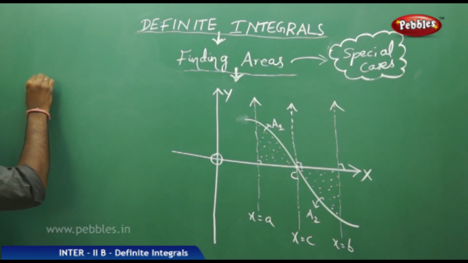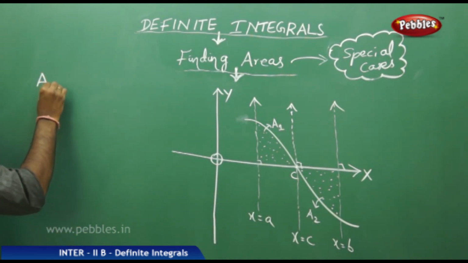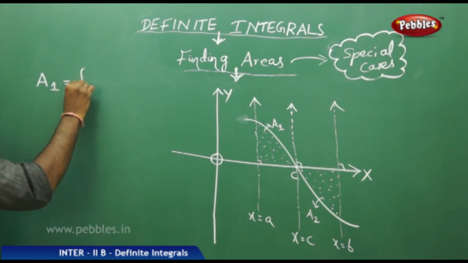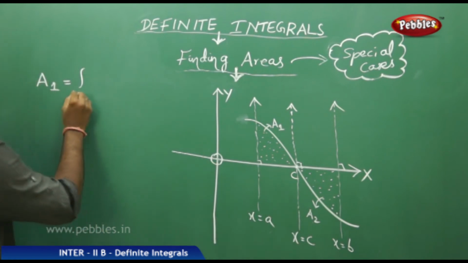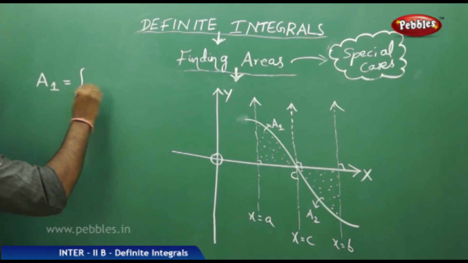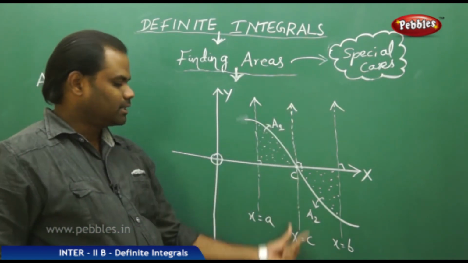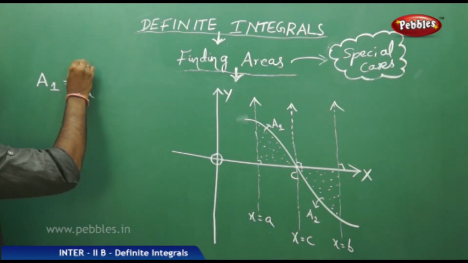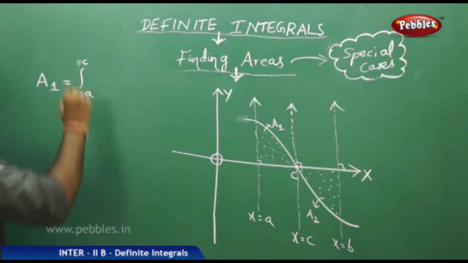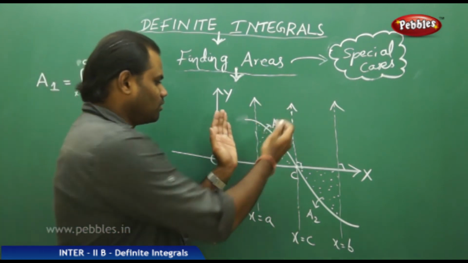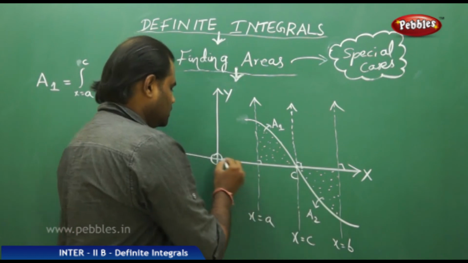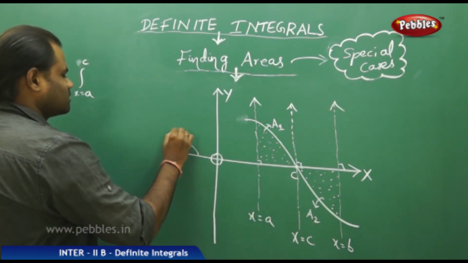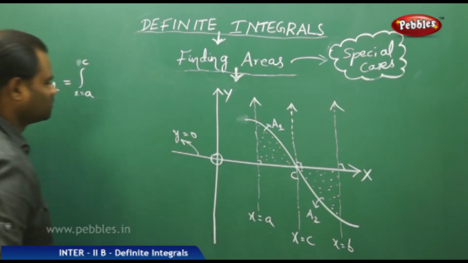So I see clearly from the diagram that in order to find area A1, it is nothing but the integral of the lower limit, which is x equal to a, and my upper limit, which is x equal to c. And in this case my upper curve is y equals f of x and my lower curve is the x-axis, which is y equals 0.